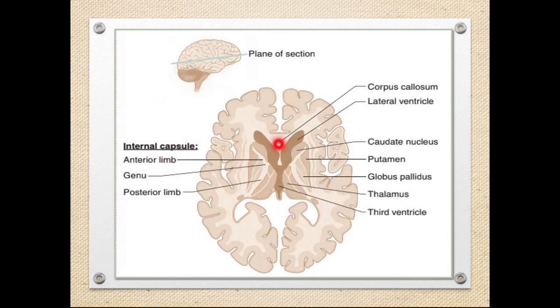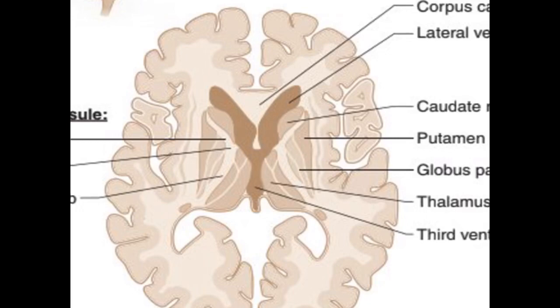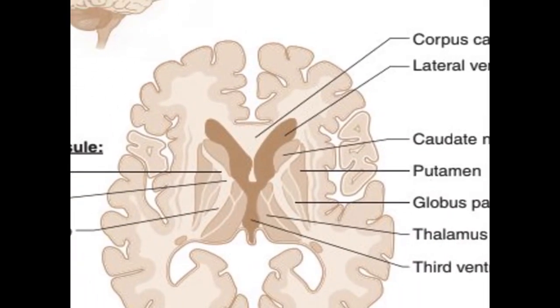These parts are the lateral ventricle, and this white part is the internal capsule. In between the internal capsule and the lateral ventricle is the caudate nucleus. The subthalamic nucleus will be somewhere below this, but it is not visible in this diagram.